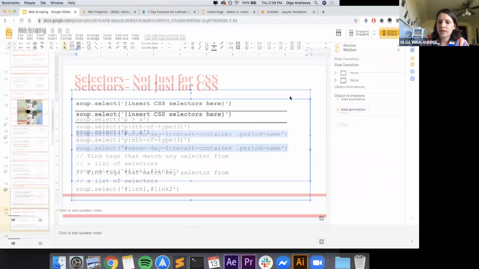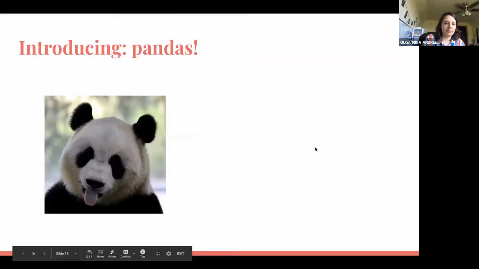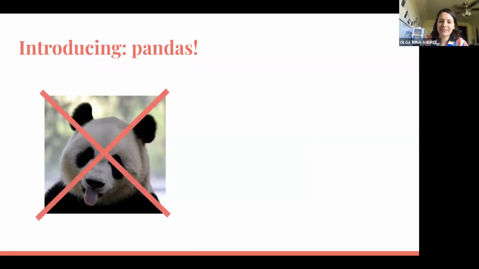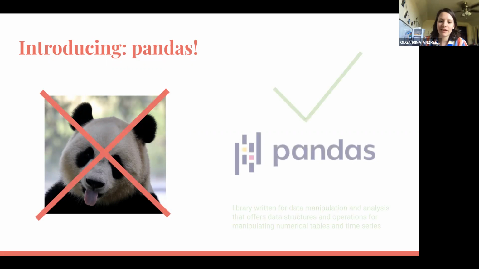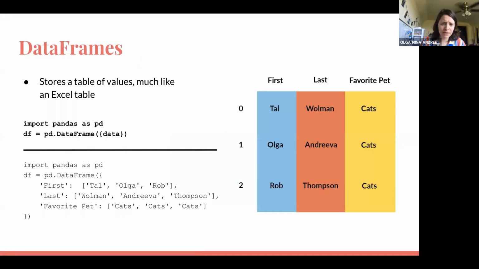Okay, so moving on past that, we're introducing pandas. Pandas is not the furry creature, unfortunately. Pandas is a Python library for data manipulation, and it's very useful in conjunction with Beautiful Soup, because you can make something called a data frame.